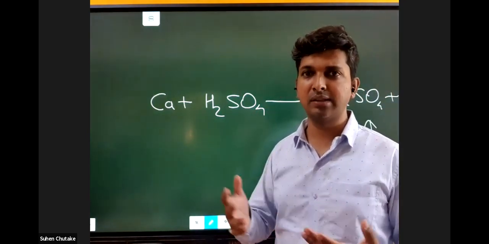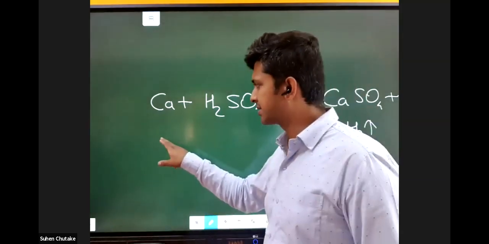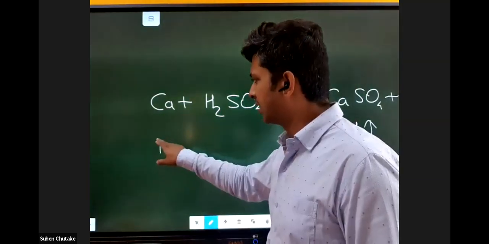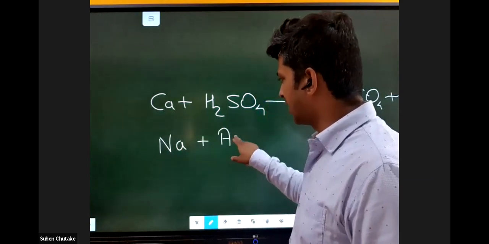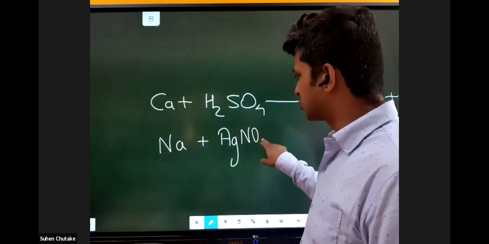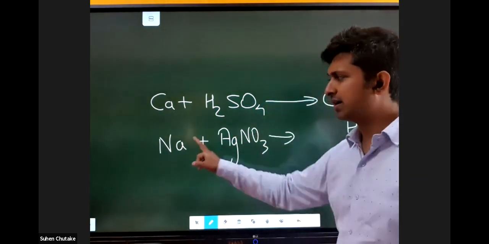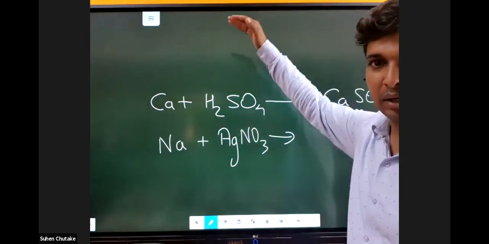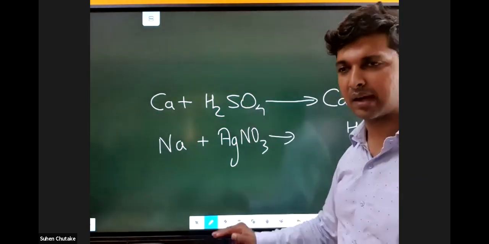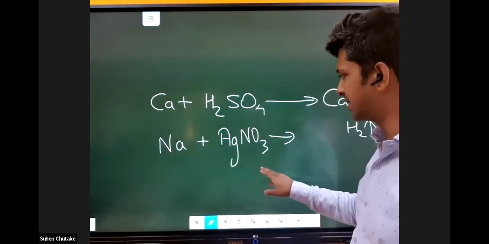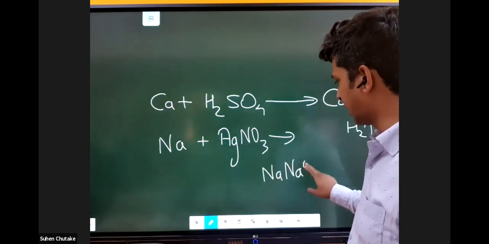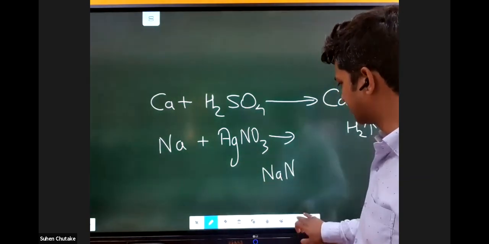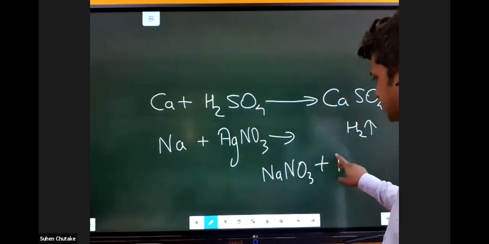Any other metal, say for example, we have sodium with AgNO3. So what will sodium do? Sodium will displace silver. Sodium is right on the top, silver is right at the bottom of the activity series, and therefore sodium will easily be able to displace it, and you will get NaNO3 plus Ag.